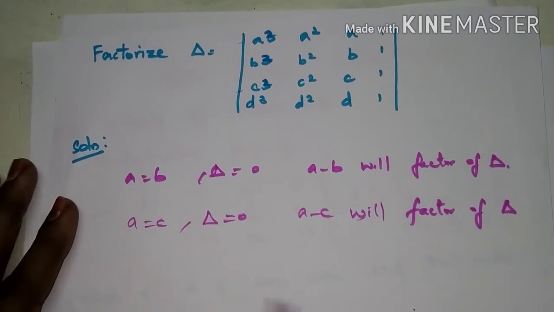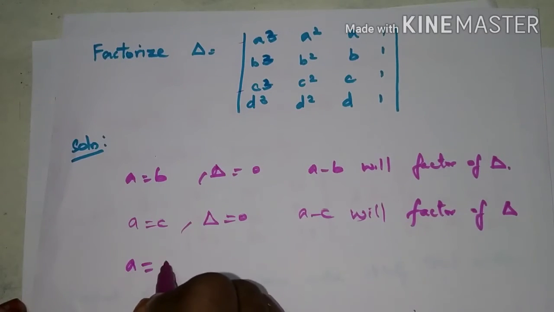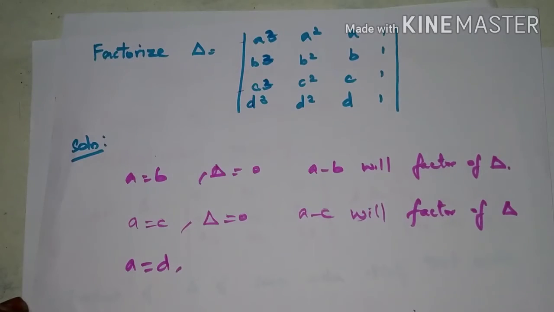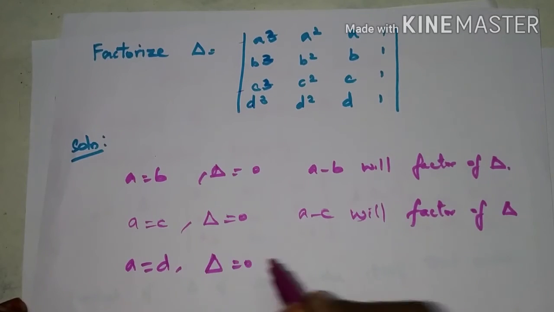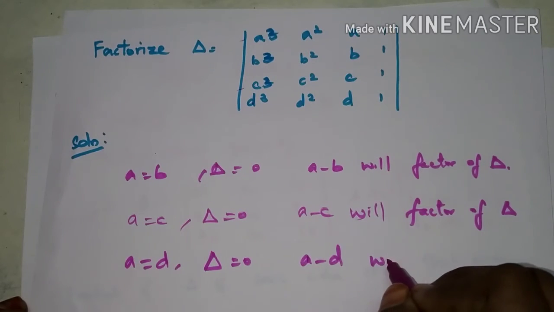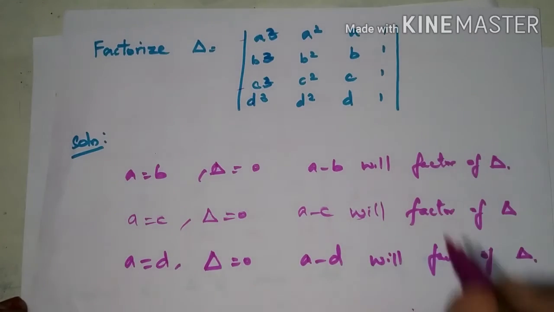And another case where a can be equal to d also. At that time row 1 and row 4 would be identical, right? In that condition your del value will be equal to 0. So a minus d will be a factor of del, right?